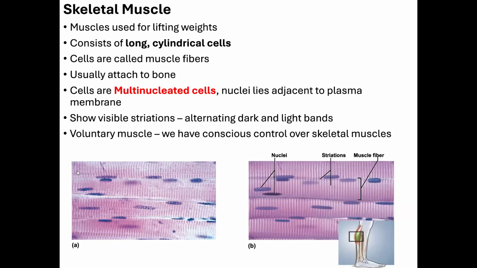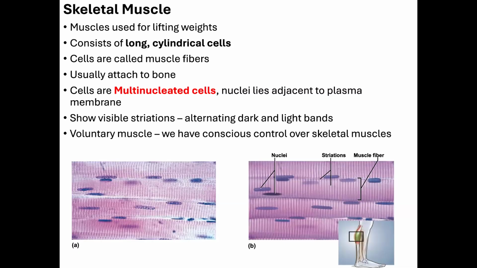And these cylindrical cells are called muscle fibers. So a muscle cell in a skeletal muscle is called a muscle fiber. So this is a muscle fiber. This is another muscle fiber. And what's the peculiarity here? This cell has not one nucleus, it is multinucleated.